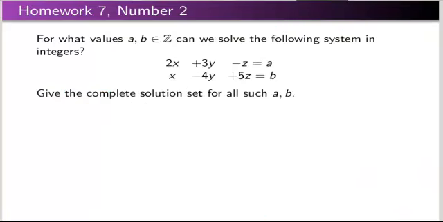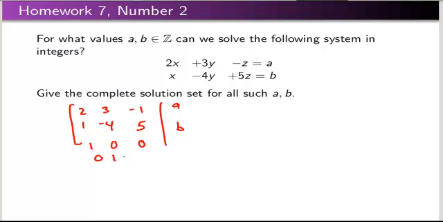Number 2, for what integers a and b can we solve the following system in integers? So again, just set it up. And we want to keep track of the column operations again, so I augment it with the identity matrix right here, and do the row operations.